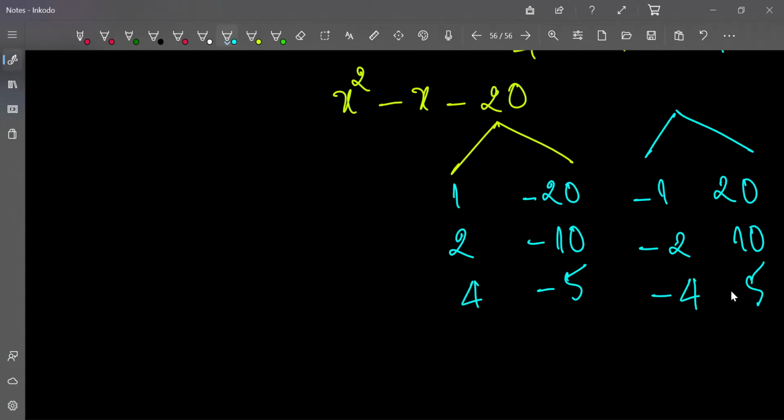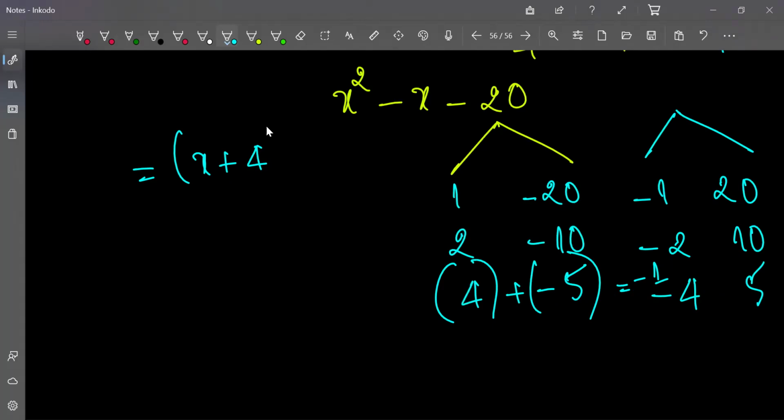So which pair? Yes, this is the pair that satisfies our condition. 4 plus negative 5 is negative 1. So our expression becomes (x plus 4) multiplied by (x minus 5).